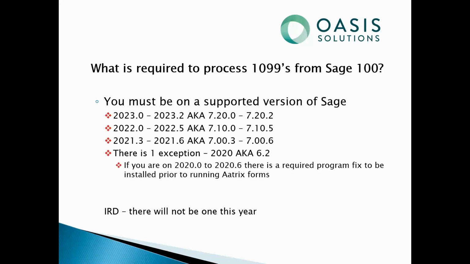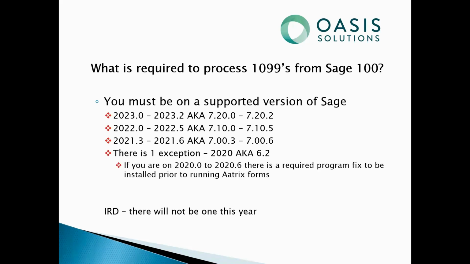So for both versions 2022 and 2023, any product update you have will work fine. If you are on version 2021, you should have at least product update 3. And if you processed your 1099s in Sage 100 last year, we should have gotten that installed for you. So you should be good to go on that.